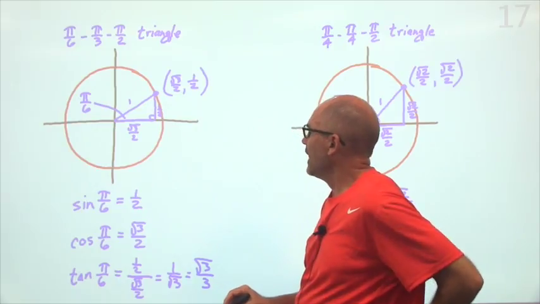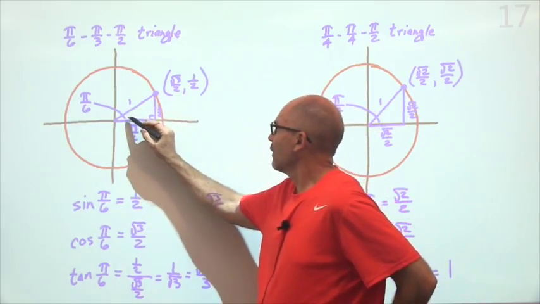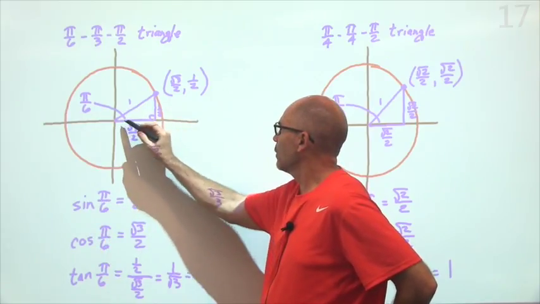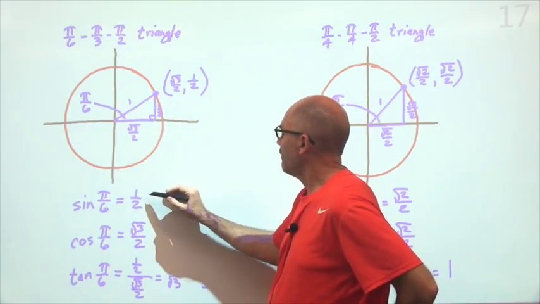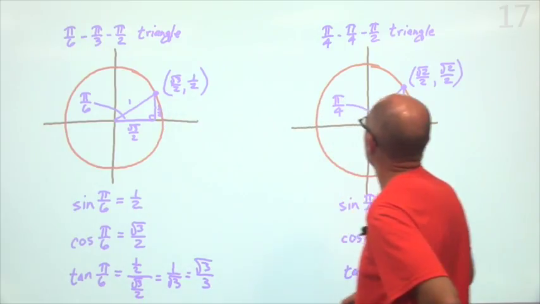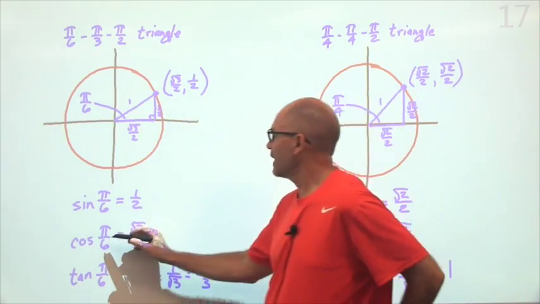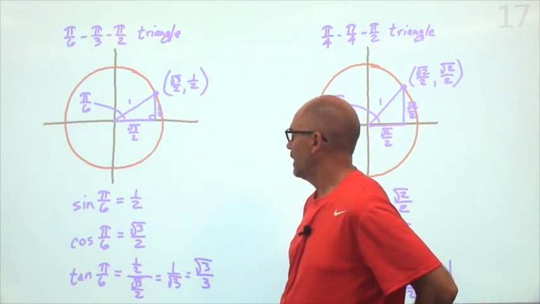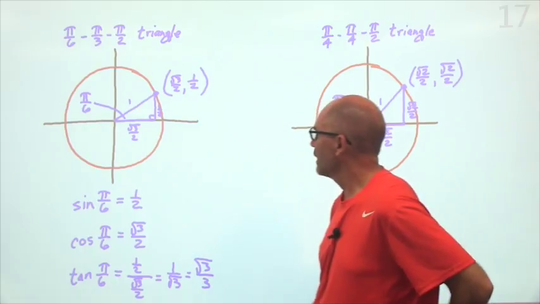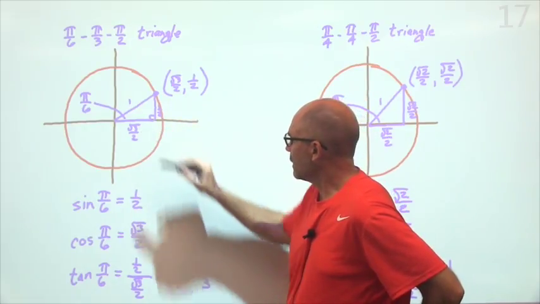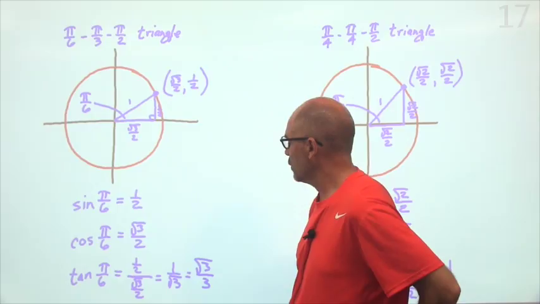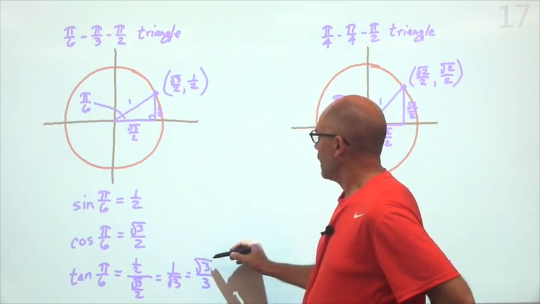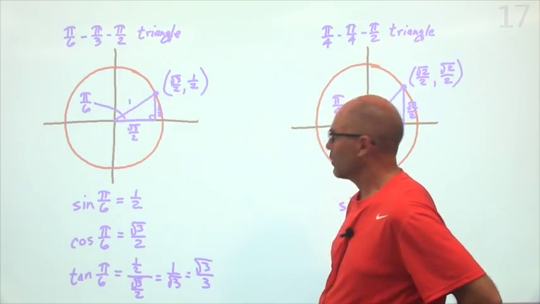And so what that tells us then is, here's my angle pi over 6 right here. So sine pi over 6 equals the y value, which is 1/2. Cosine pi over 6 equals the x value, that's square root of 3 over 2. And tangent pi over 6 is y over x, which is 1/2 over the square root of 3 over 2. And the 2's cancel, I'm left with 1 over the square root of 3. And when I rationalize that, I get square root of 3 over 3.